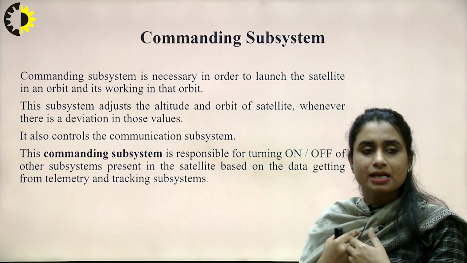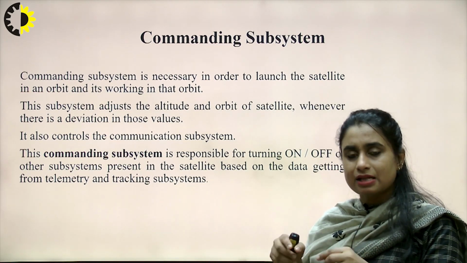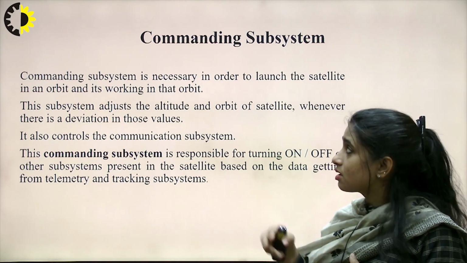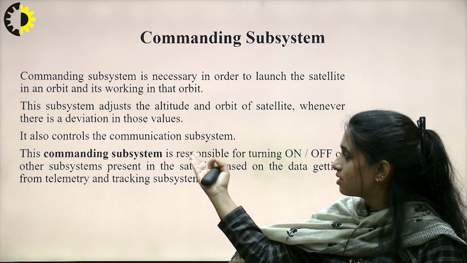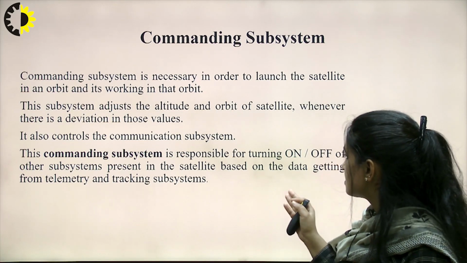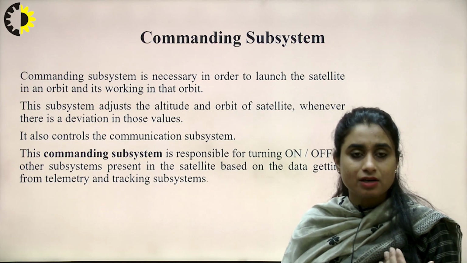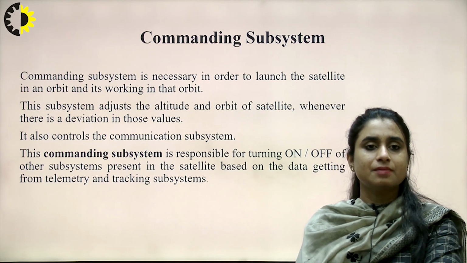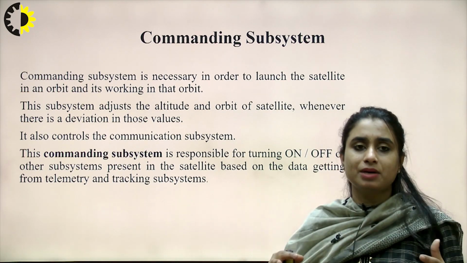Those values are observed, received, analyzed, calculated, and the correction values are sent. The commanding system also controls the communication subsystem. It is responsible for turning other subsystems on and off. This is one of the very important tasks, turning on and off other subsystems present in the satellite based on the data it gets. They all work in collaboration.